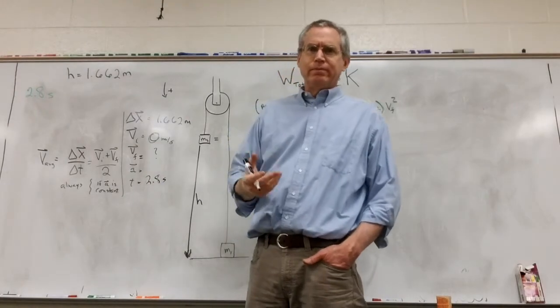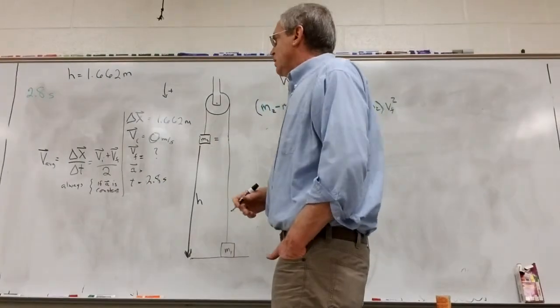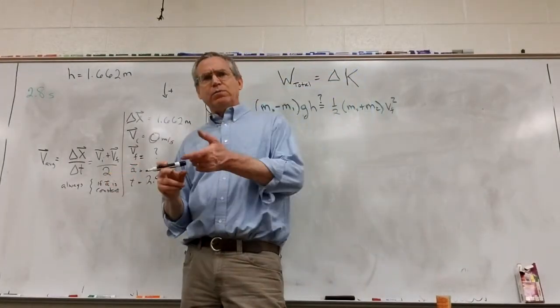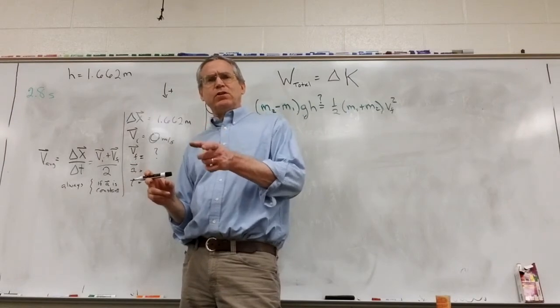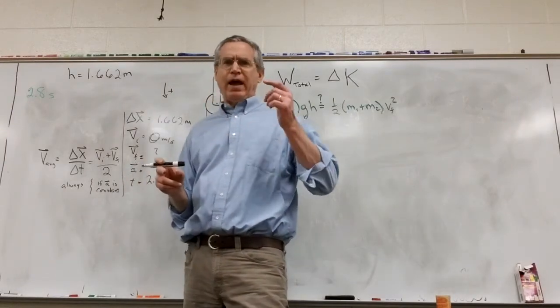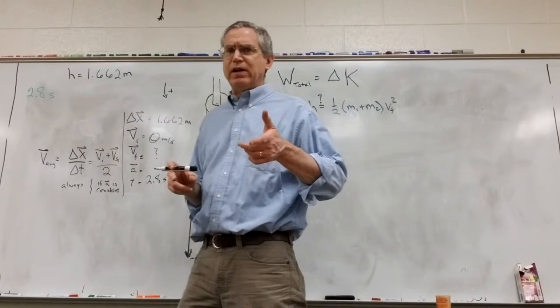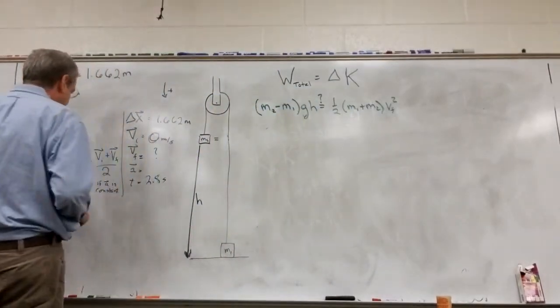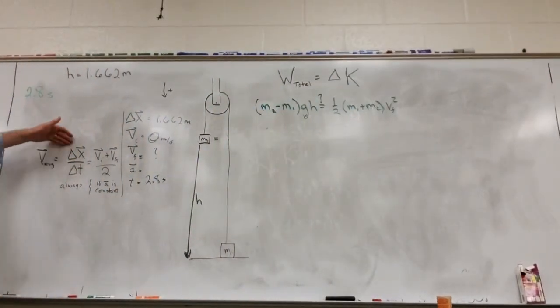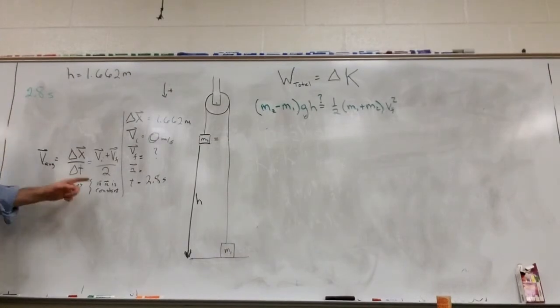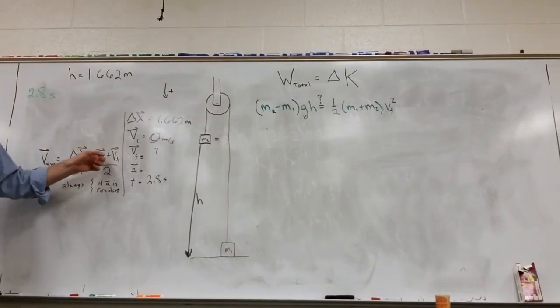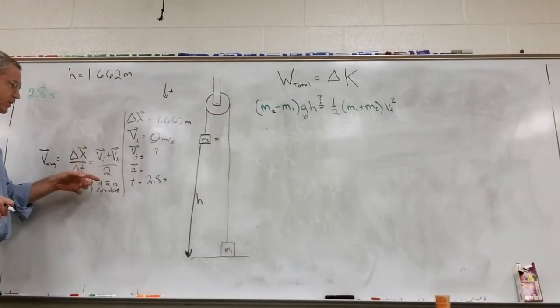So yeah. Now, in order to find it, I need to exploit the definition of average velocity and the alternate way of finding average velocity if acceleration is constant. Average velocity is always displacement over time, but if acceleration is constant, it's also just the average of the initial and final velocities.